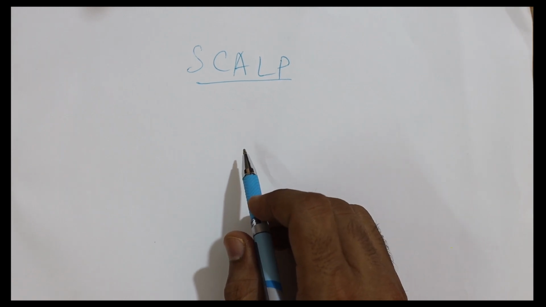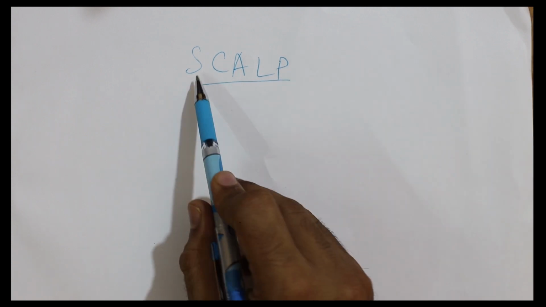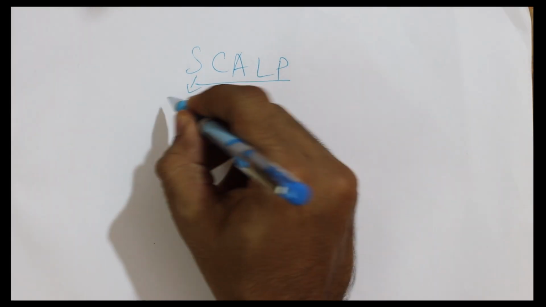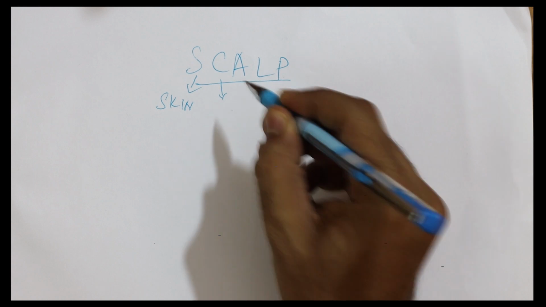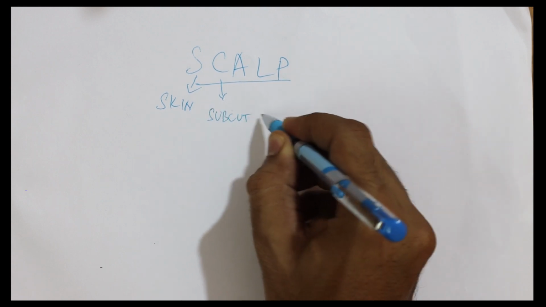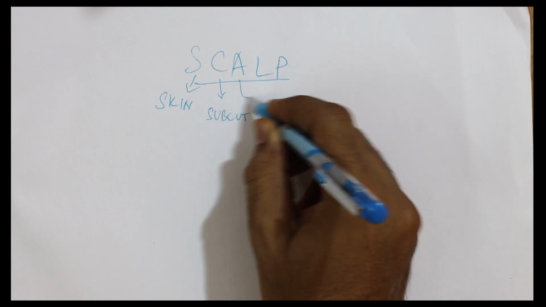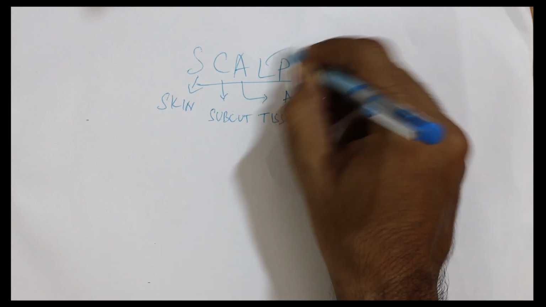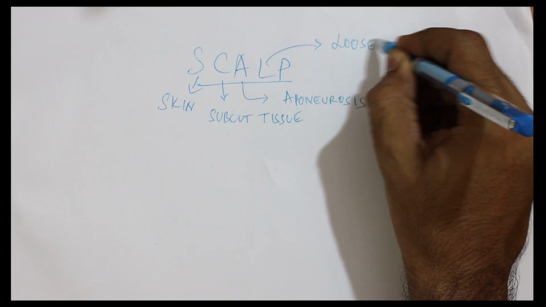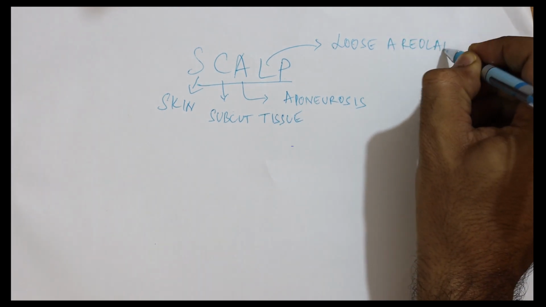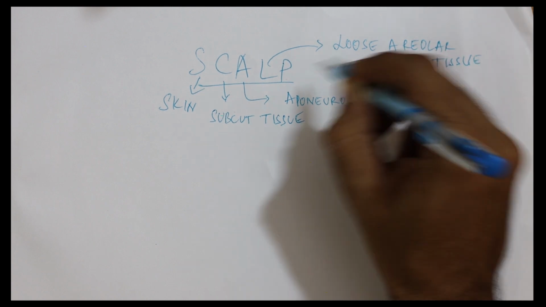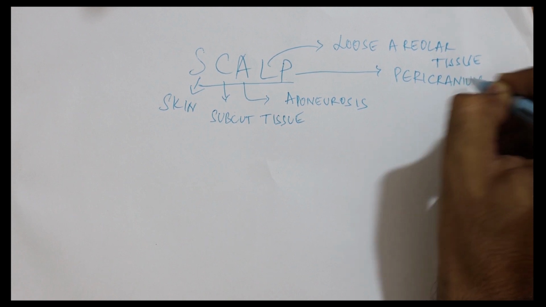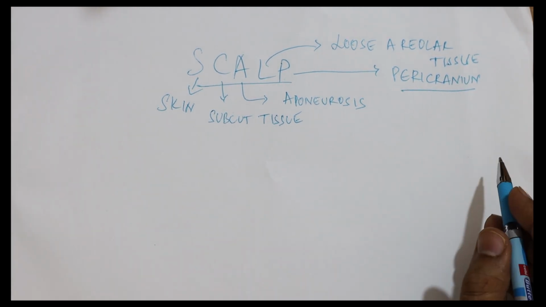This scalp has 5 layers which can be easily remembered through the mnemonic of the same name, SCALP, where S stands for the skin, C stands for the subcutaneous tissue, A stands for a layer of aponeurosis, L stands for loose areolar tissue, and the last layer, P, stands for pericranium, which is nothing but a layer of the periosteum.